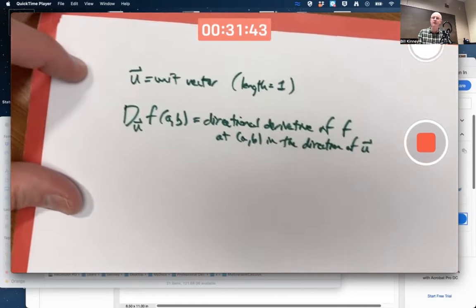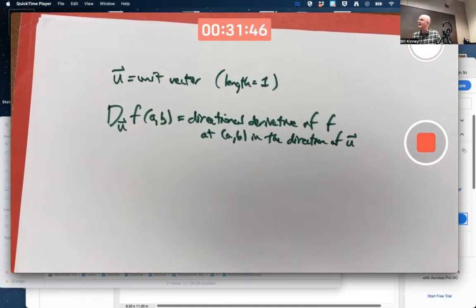Why does u have to be a unit vector for this to work? It's because you want derivatives to be rates of change, right? You want to think about this as being a rate of change of the function in the z values as you change x and y in a certain direction at a unit rate, you might say.